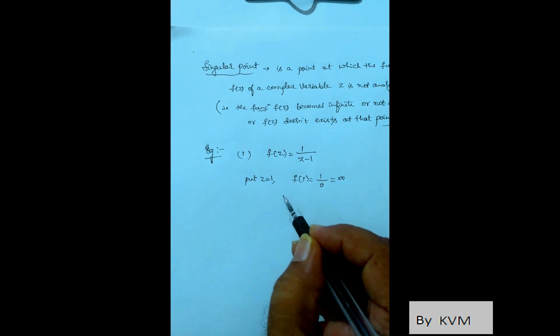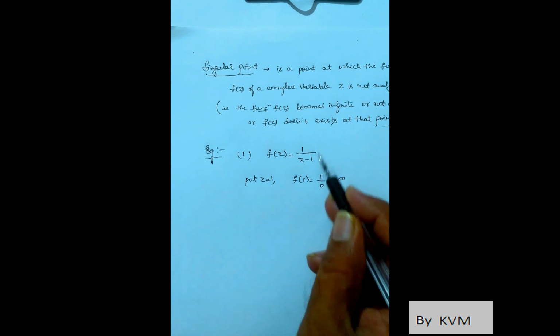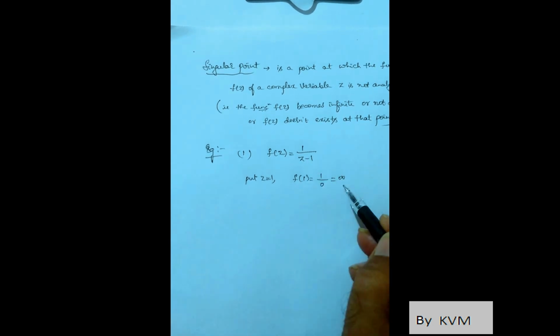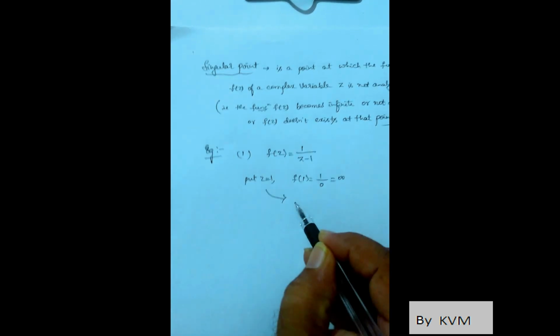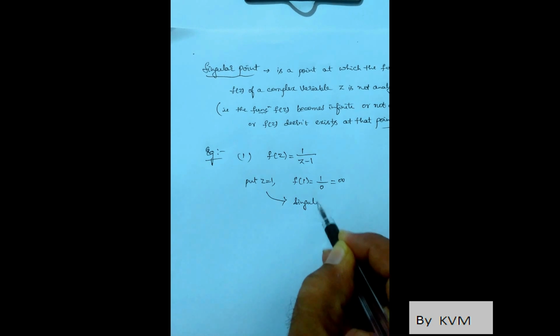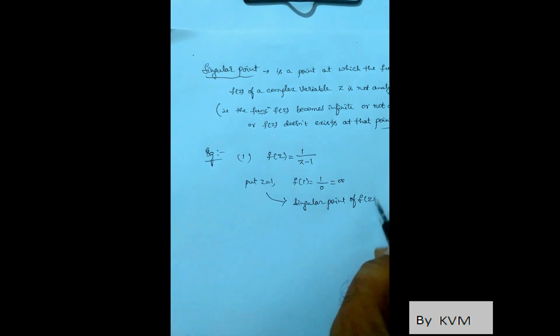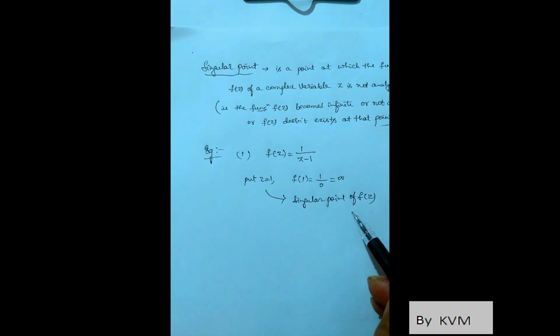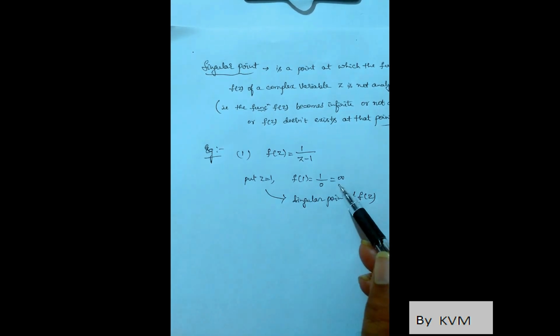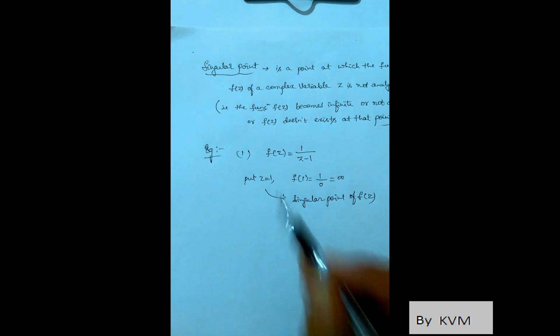So for z equals 1, this function 1 by z minus 1 is becoming infinite. So this point z equals 1 is a singular point of f of z. Singular point is a point at which the function is not analytic, because here the function is becoming infinite at the point z equals 1.